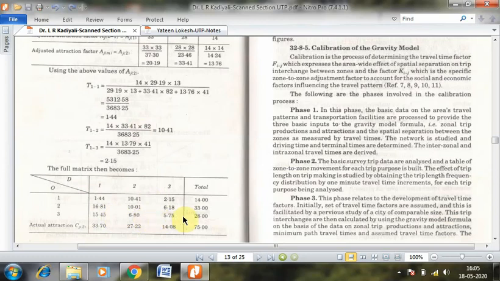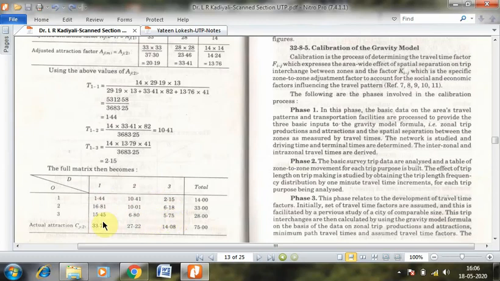So the matrix elements would look somewhat like this after all the T values are found out in the second iteration. See, for example, T11 is 1.44, that has been entered here. Similarly, T12 is 10.41 is entered here. On similar grounds, T13 is 2.15 is entered here. Similarly, you will have to start finding the other contents and enter into this matrix.